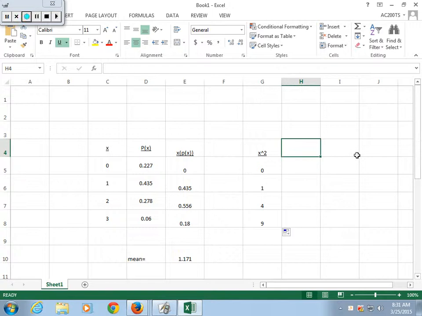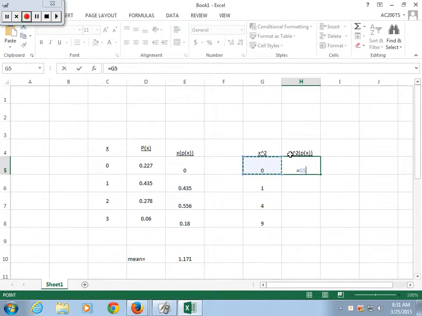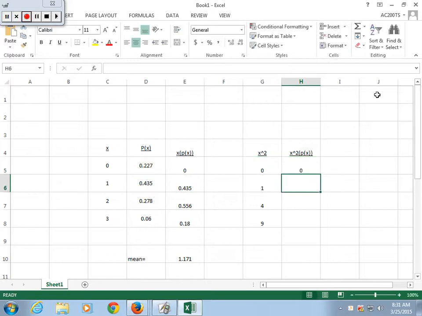And then take X squared times what? P of X. Make sure you pick the right column. And add those up.